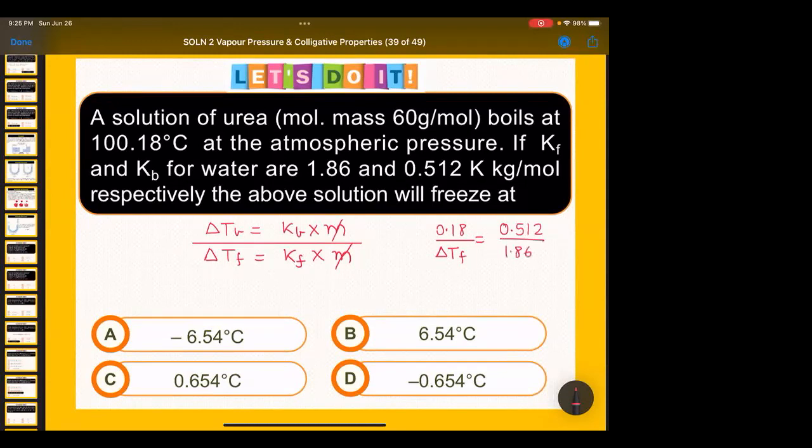Is it clear? With that you can find out the delta Tf value. How much are you getting? You can simplify this, delta Tf, 0.18, you can cancel it by 2. These data can get cancelled very easily.